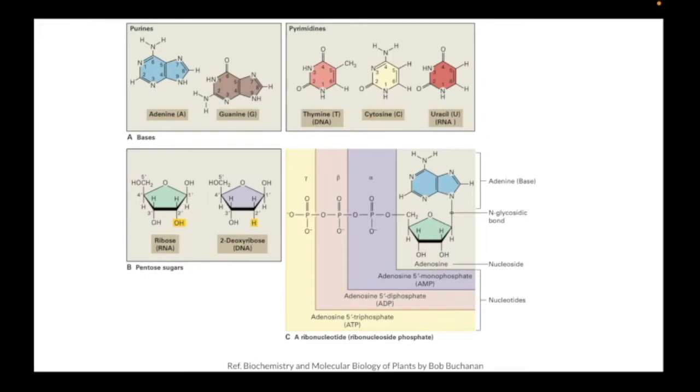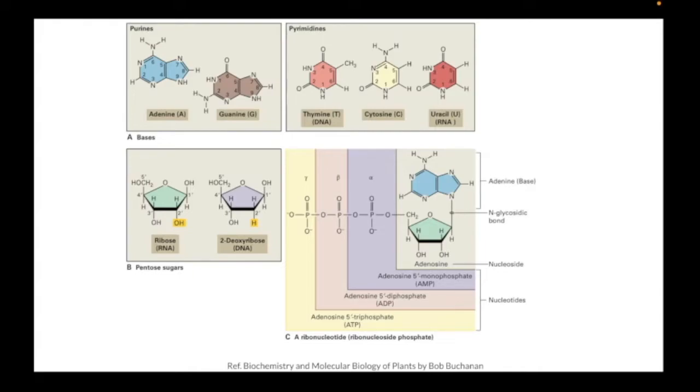The basic difference between ribose and 2-deoxyribose sugar is that in ribose sugar, at 2' carbon, a hydroxyl or OH group is present, which is absent in 2-deoxyribose sugar. And the presence of the hydroxyl group at 2' carbon in RNA makes it a very unstable molecule in alkaline conditions.